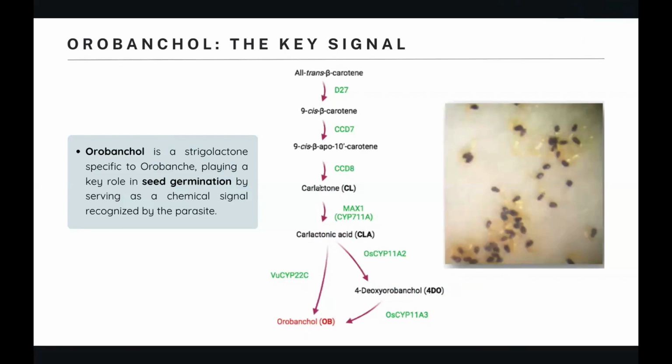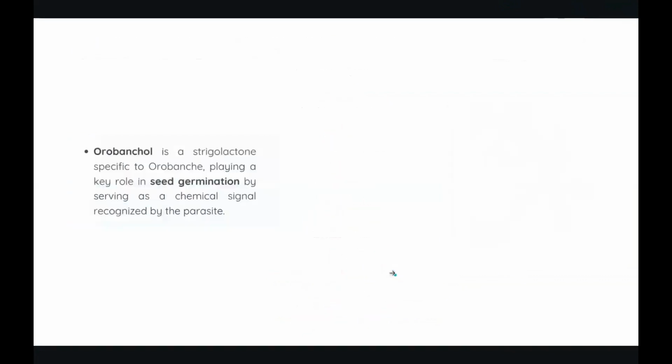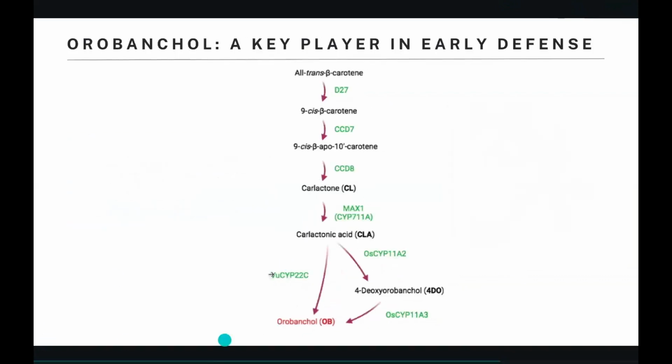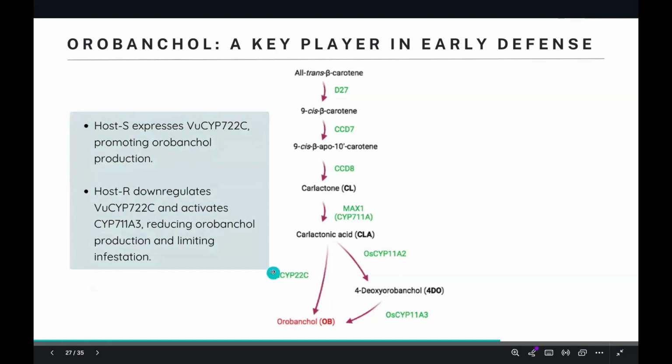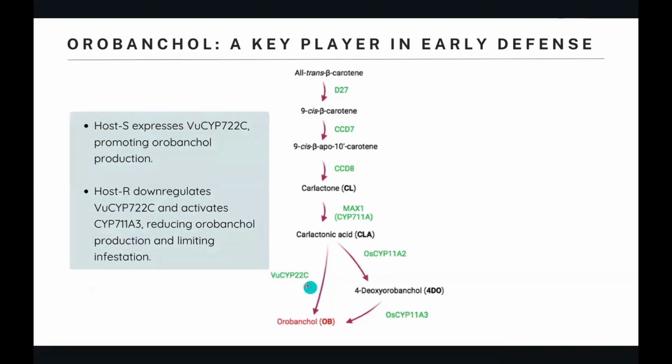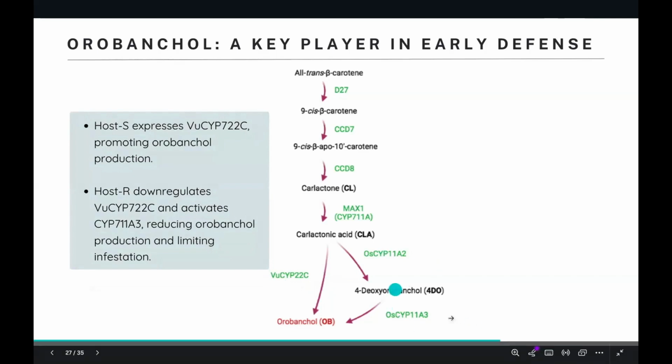Our results showed that the susceptible host expressed CYP722C, promoting the production of orobanchol and facilitating the Orobanche infection, while the resistant host suppressed this gene and activated CYP711A3, reducing orobanchol production and limiting the infestation.